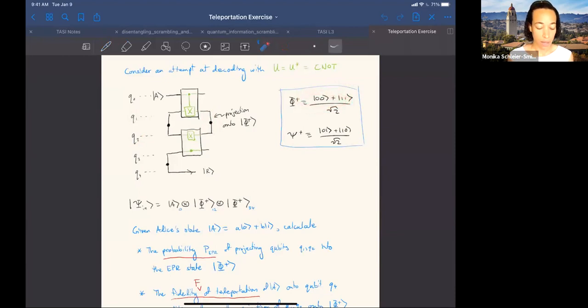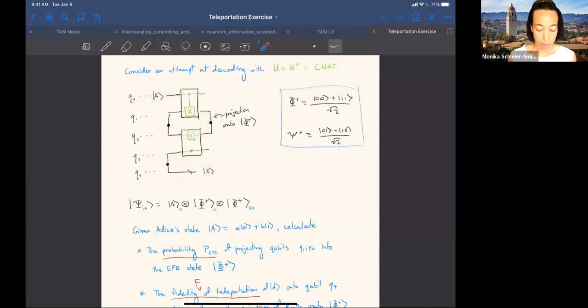So that was the intuition for how this process of projection, conditioned on that projective measurement, can have information that was previously in Alice's state end up over here in Bob's possession.